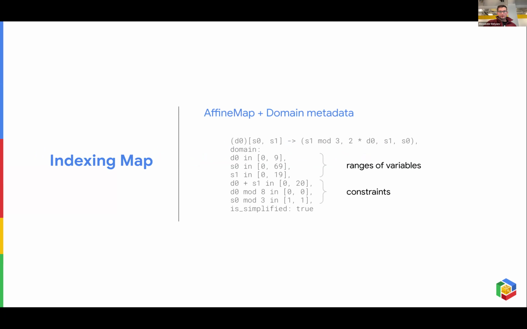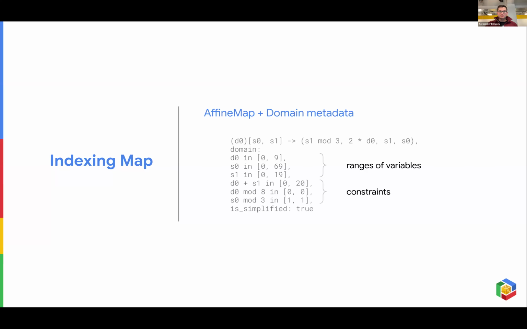An indexing map is an affine map plus domain metadata. The affine maps that we have in MLIR don't have any context about the variables they operate on, so they don't know the ranges of the variables. They don't know how to simplify some of the expressions, for example, it's possible to simplify mods and divs if you know the ranges of the variables.